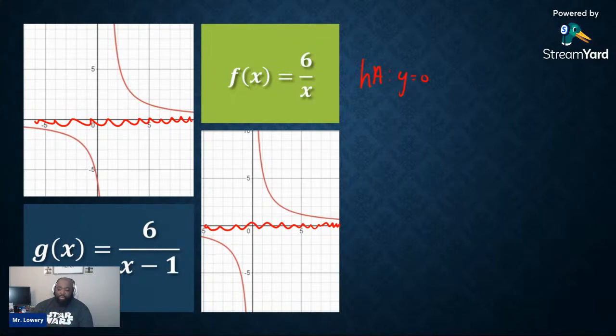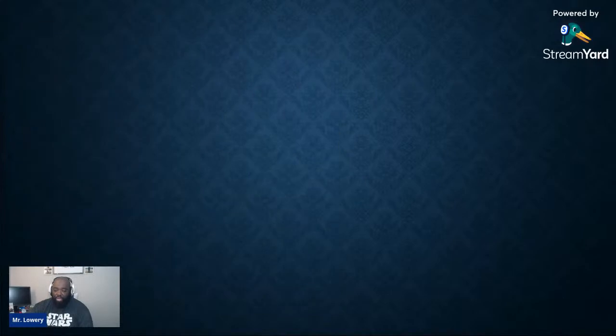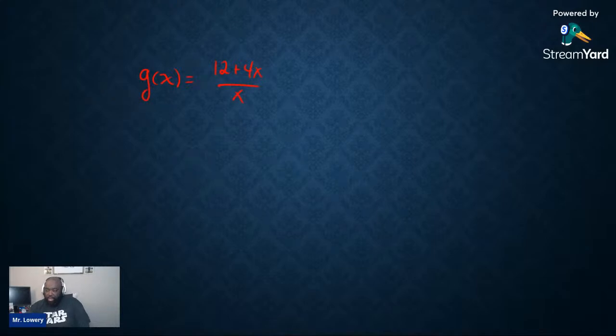Now, another example we did in class, and then I'll wrap up this video, is we talked about how if we ran into an equation like g of x being equal to 12 plus 4x over x, how else could you rewrite this?